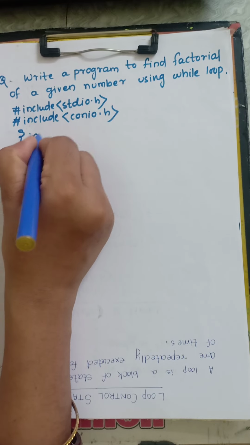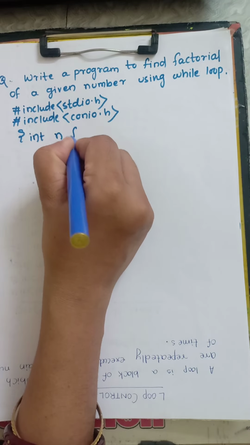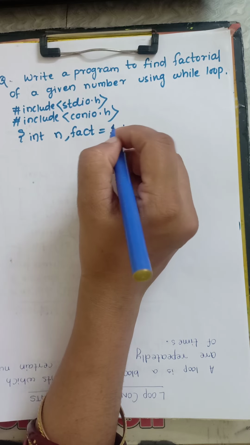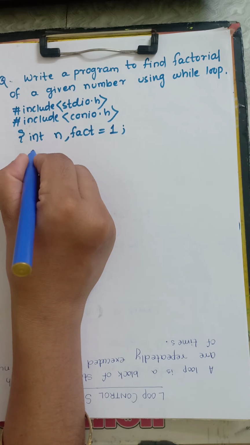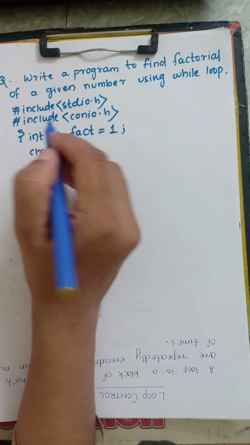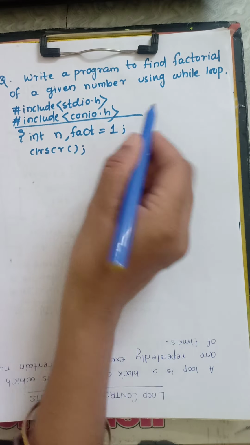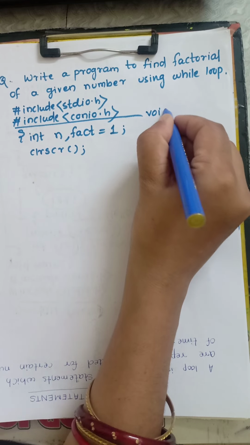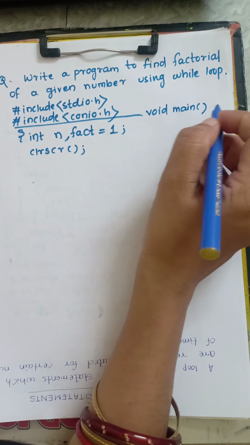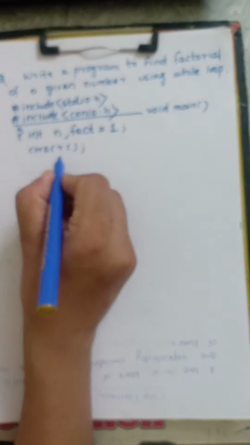Then we use the variables int n, another variable that is fact for the factorial. So first to initialize the variable value is equal to 1, then clrscr. Okay, here we write the void main function. Next we start our program here.